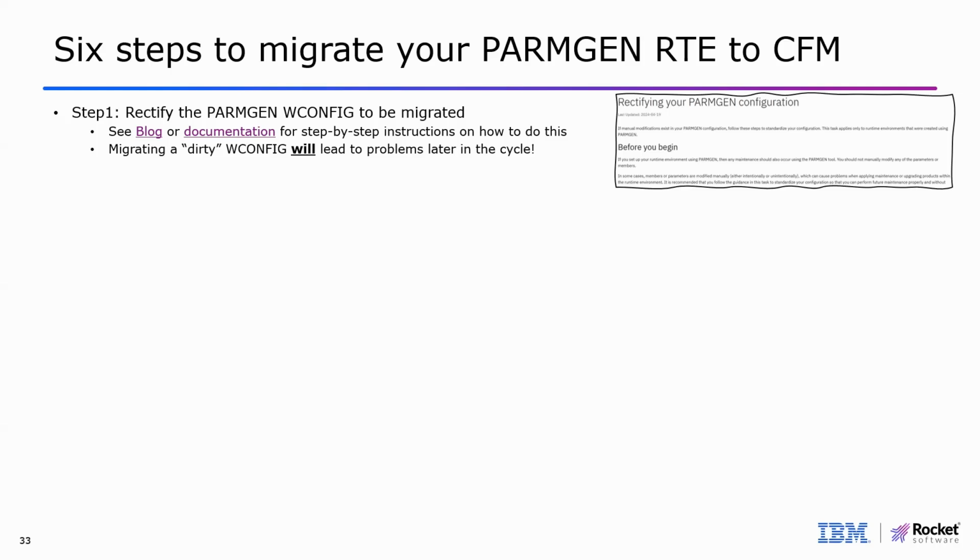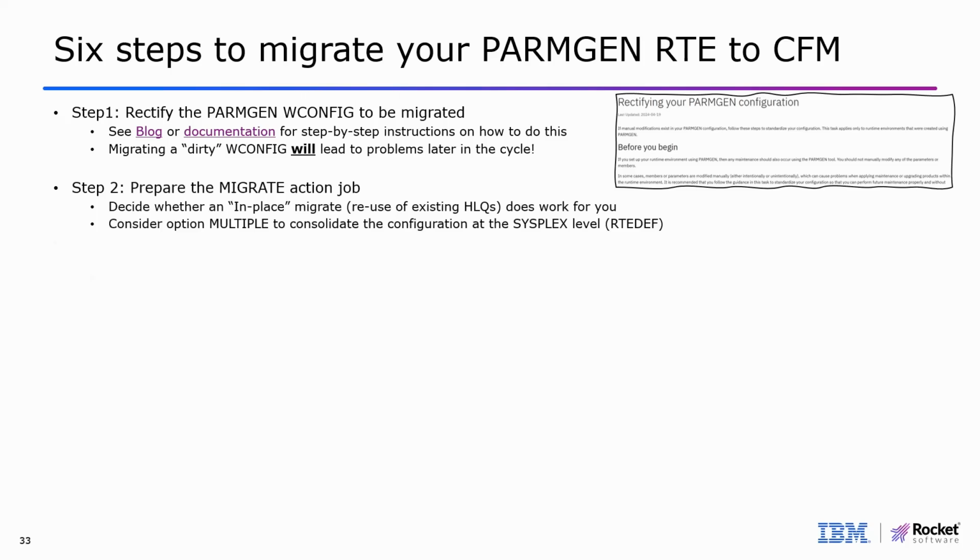So what we have done in order to help you with checking whether you are okay, we have written a blog, and that blog has materialized in documentation at this point with step-by-step instructions on how you can check up whether your ParmGen configuration is intact. Because believe me, there will be issues, not only when you migrate to Config Manager, but in your existing ParmGen configuration if you make those manual changes to generated members.